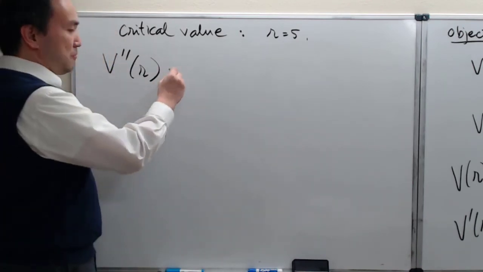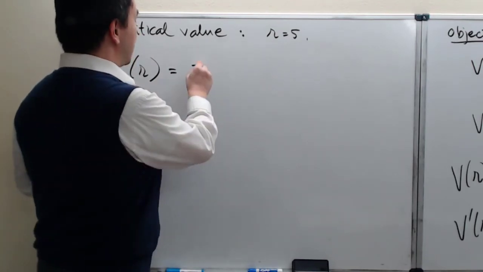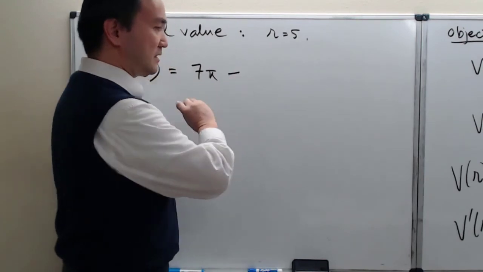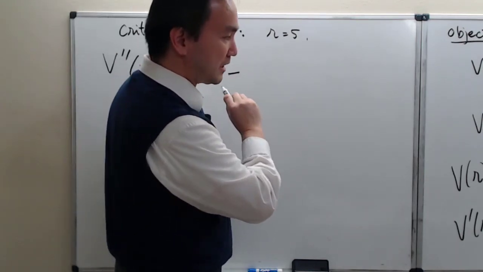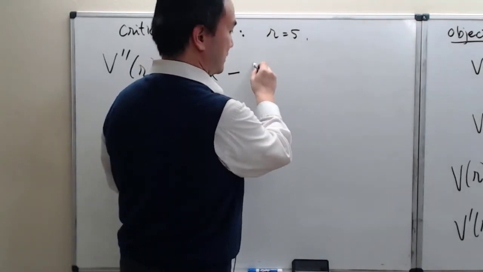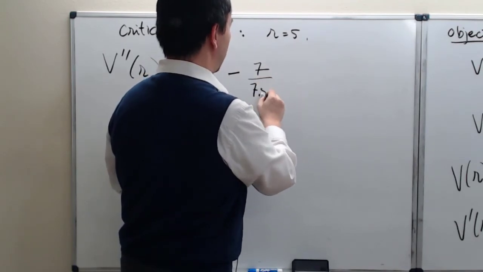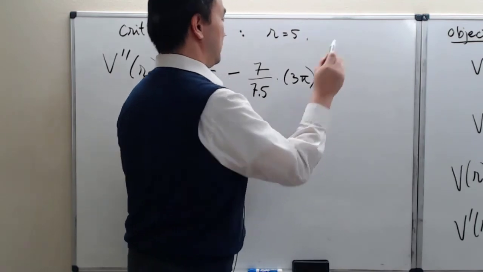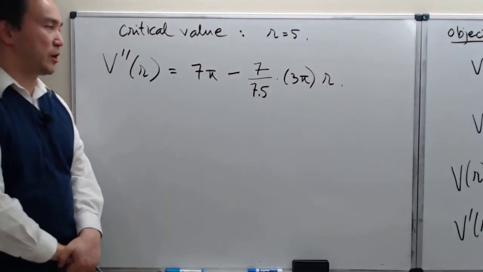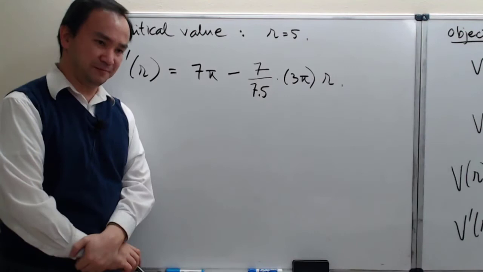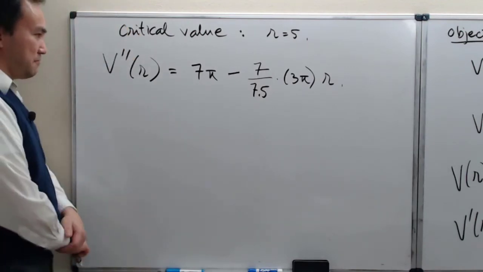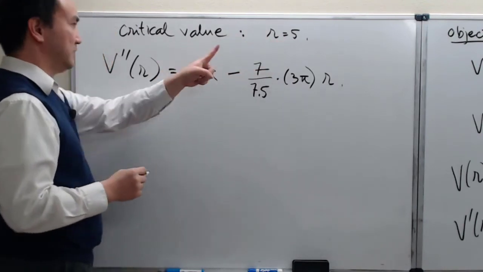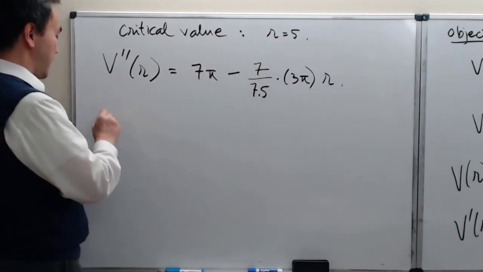Okay, and so my V double prime here is going to be 7 pi for the first term, completely constant, minus, and now the other term multiplying down with the 2 right there, I'm looking at 7 over 7.5 multiplied with 3 pi R. I don't need to calculate out all of these coefficients yet. I'm going to quickly substitute my critical value into this V double prime.